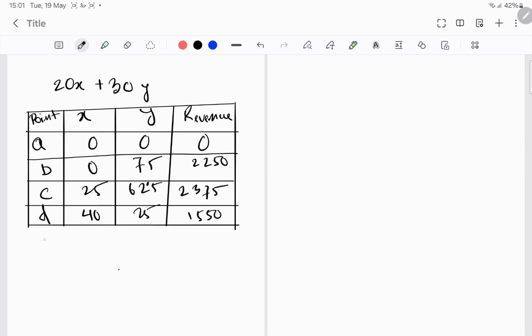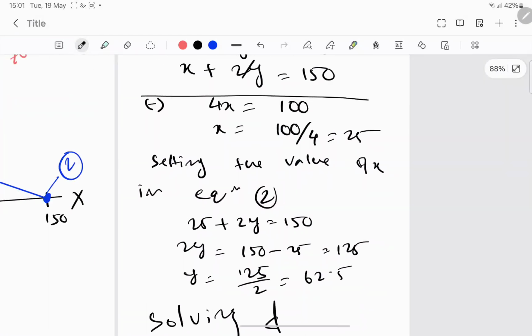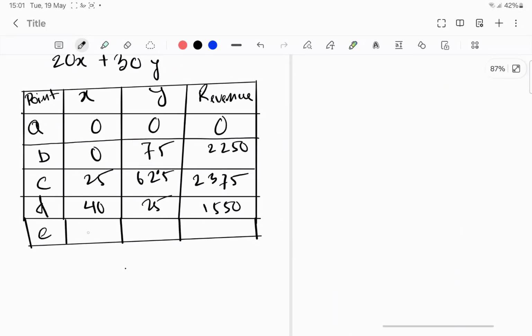Say next point is E. Okay, so E is 40 and 0. That will give us 800.